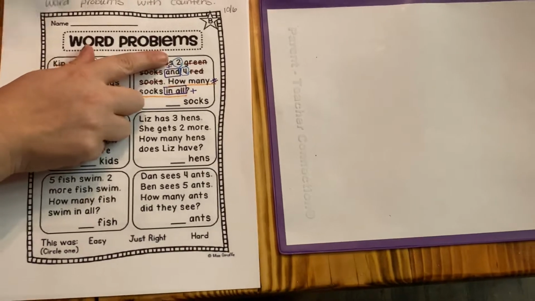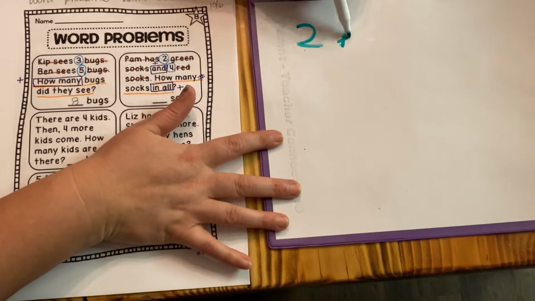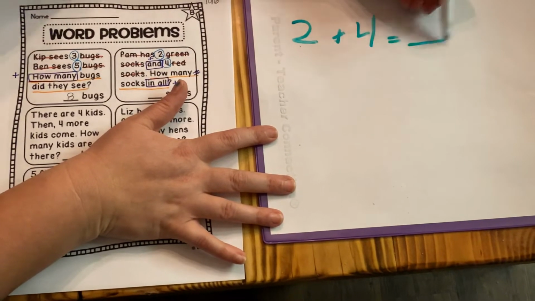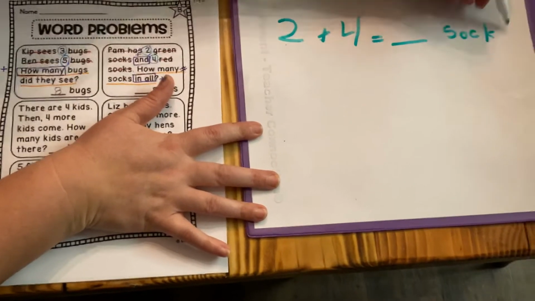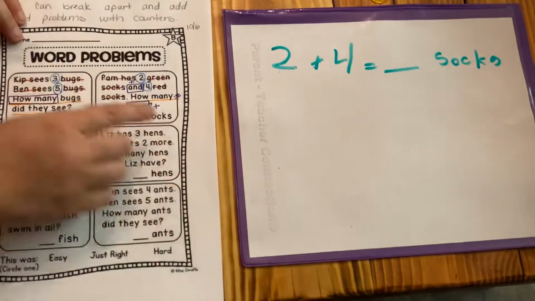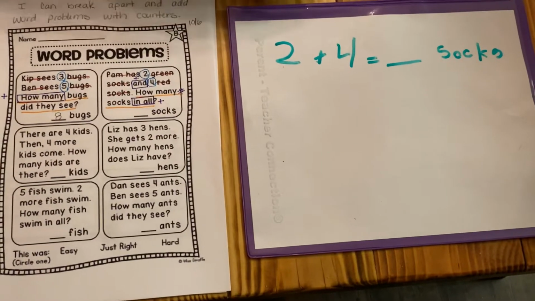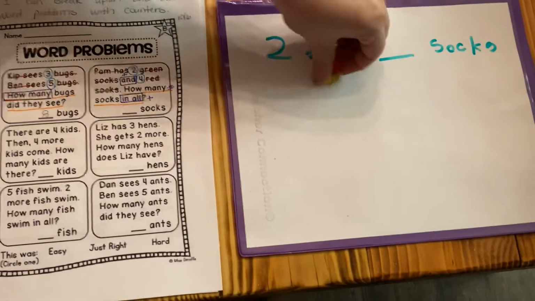Okay, so starting 2 plus 4 equals blank, and I'm talking about socks. Remember, I have to identify what I'm talking about. So I'm going to have, oops, wrong color.